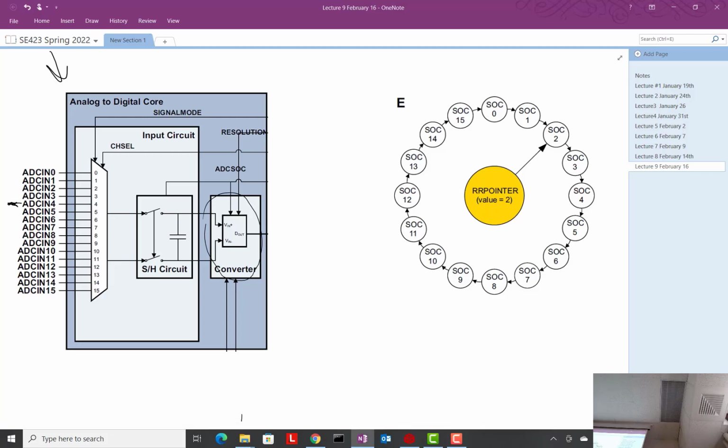Then, on my green board, how I auto-routed the wires, the 2 joystick signals come in on 3 and 2. The reason we don't use ADC in A0 and A1 is they have a second functionality to be used as the DAC outputs. So we don't use ADC in A0 and A1 because we're using those to output to the DAC. Anyway, that's like a MUX thing. We talk about that pin MUX.